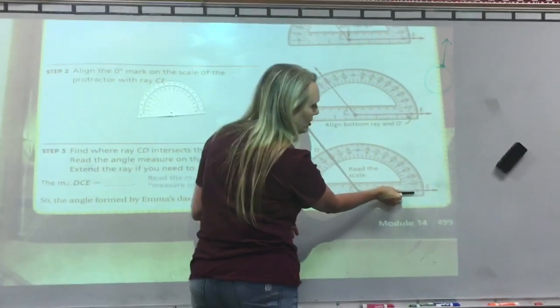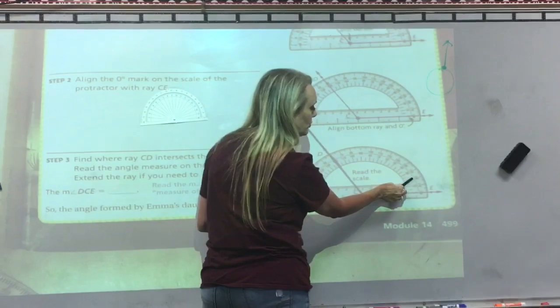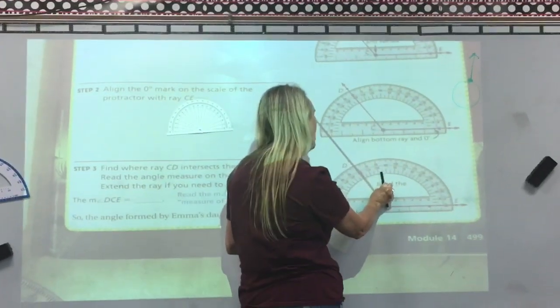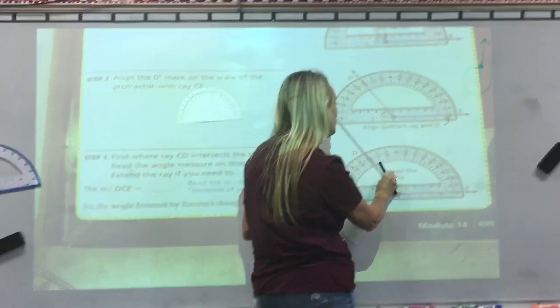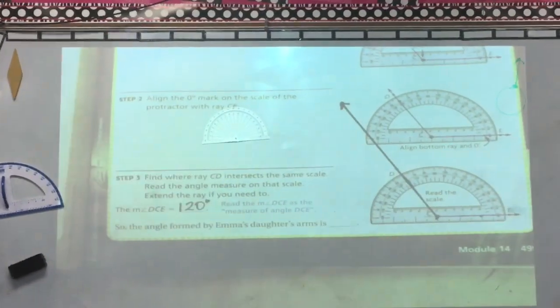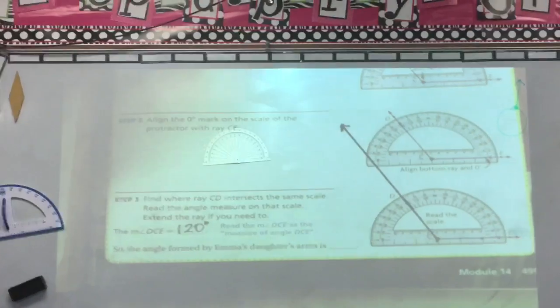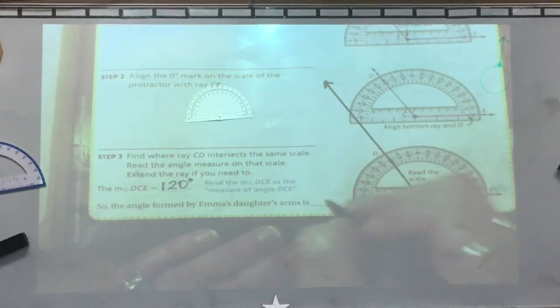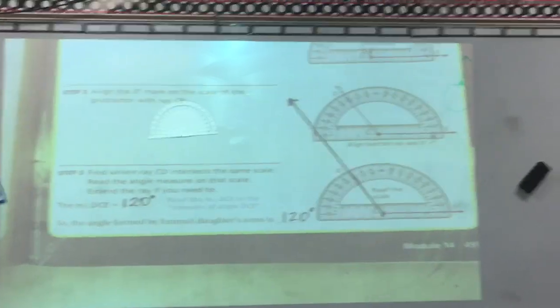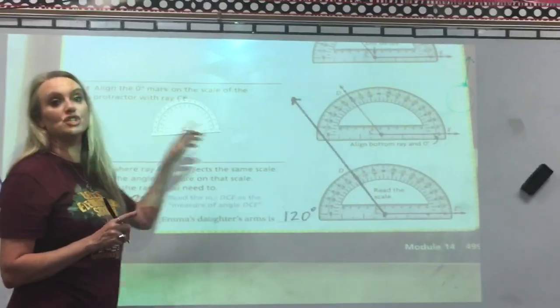But starting on the bottom, you follow around 0, 10, 20, 30, 40. You go all the way around 100, 110, 120 degrees. So the measure of angle DCE is 120 degrees. So the angle formed by her daughter's arms is 120 degrees. Now I always tell the kids, ask yourself, is this reasonable?